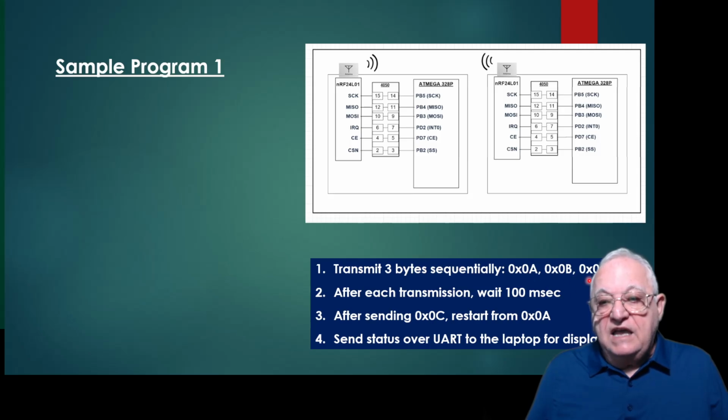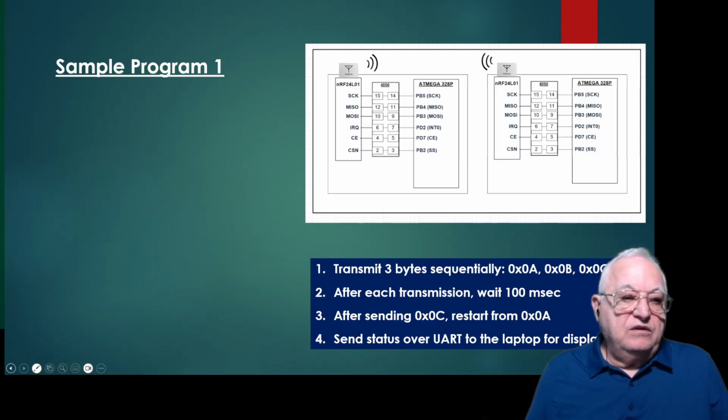If we get an A and a C, well, the B got dropped. Then the transmitter waits 100 milliseconds between messages, and when it gets to the C, it just sends everything over and over.